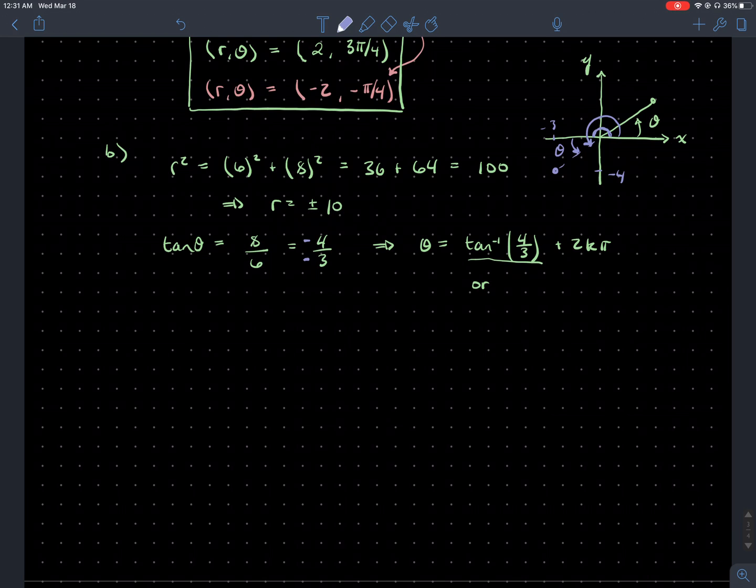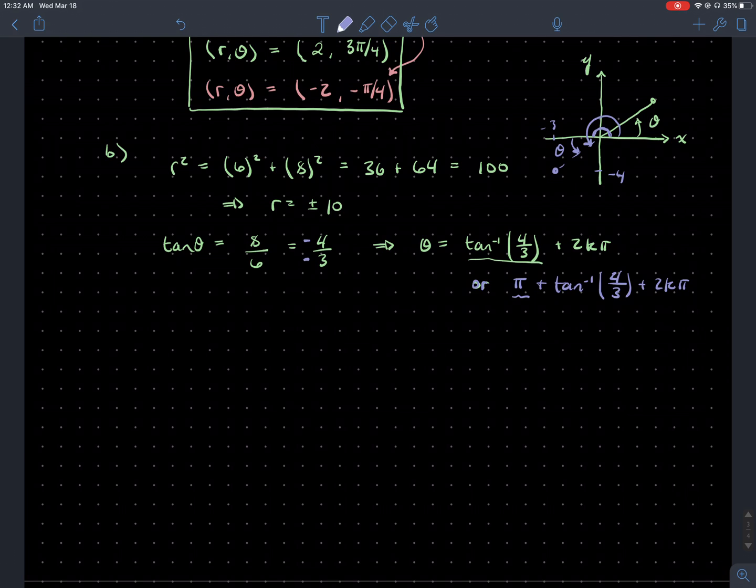So we could say or pi plus tangent inverse of 4 over 3 plus 2k pi. Okay, so we're basically just offsetting it by this pi.